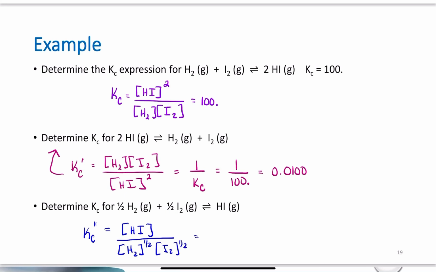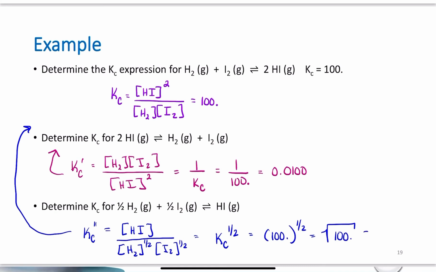And what I realize here is it's very similar to my original Kc expression, except that I've multiplied through by 1/2. So this is going to be the equivalence of Kc raised to the 1/2, which is 100 raised to the 1/2, same thing as the square root, which gives me 10.0.